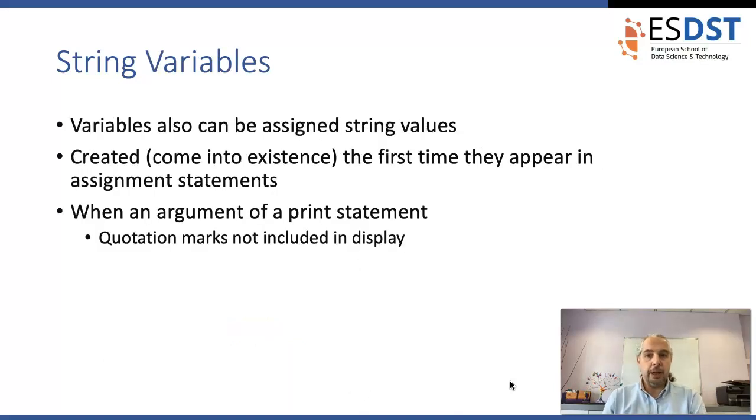Variables can also be assigned string values. They are created, meaning they come into existence, the first time they appear in an assignment statement. And they can be used as an argument of a print statement. Of course, as an argument of the print statement, the quotation marks are not included in the display.